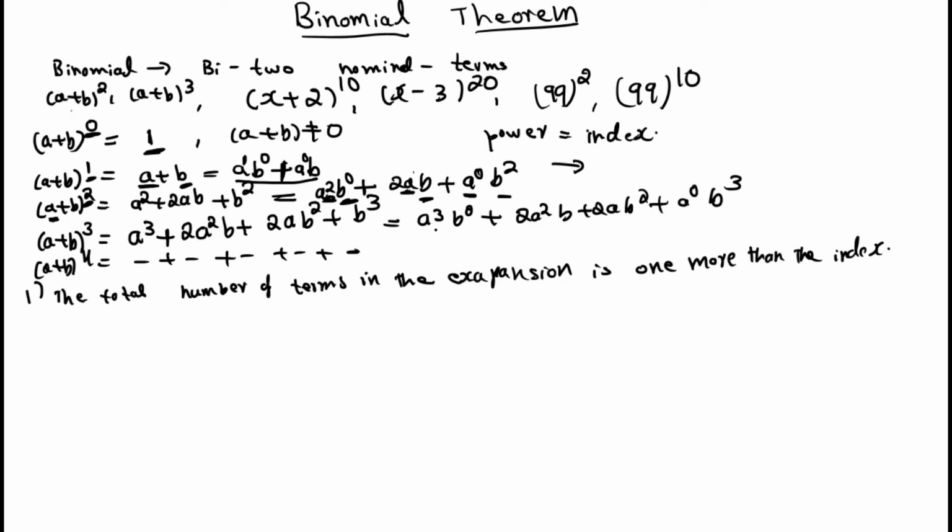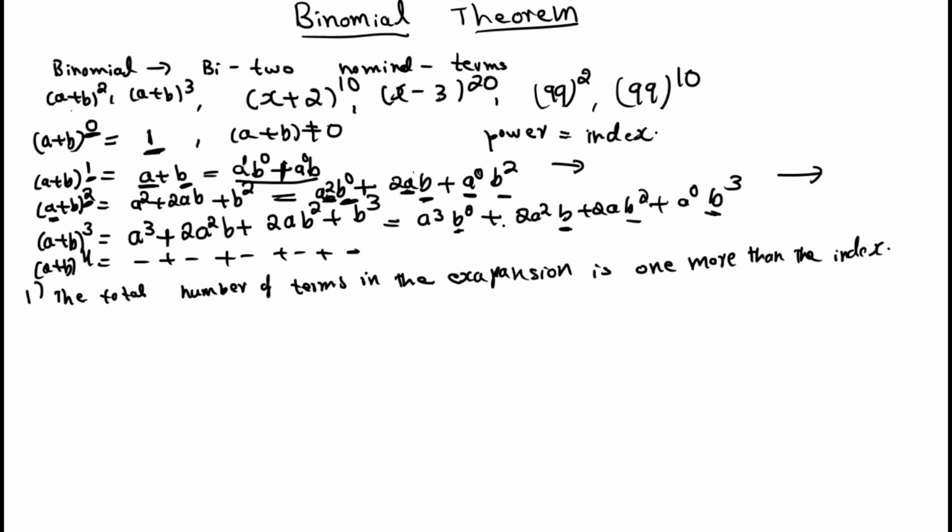A to the power 3, a to the power 2, a to the power 1, a to the power 0. As we move from left side to right side in the expansion, power of the first quantity decreases by 1. What about power of the second quantity here? B, right? See, b to the power 0, b to the power 1, b to the power 2 and b to the power 3. Okay, it's a very important observation.